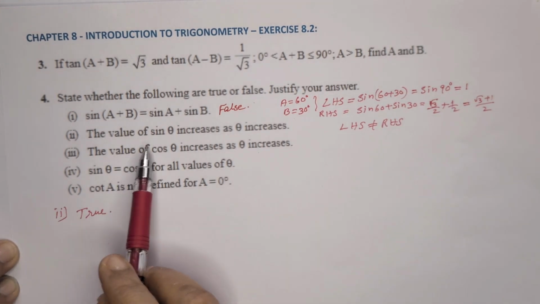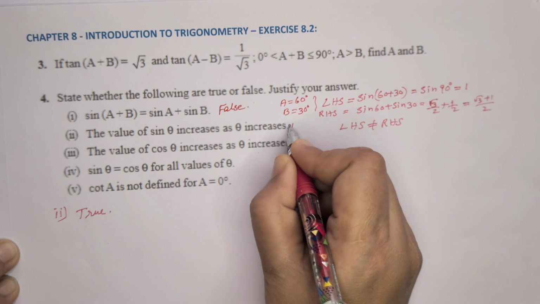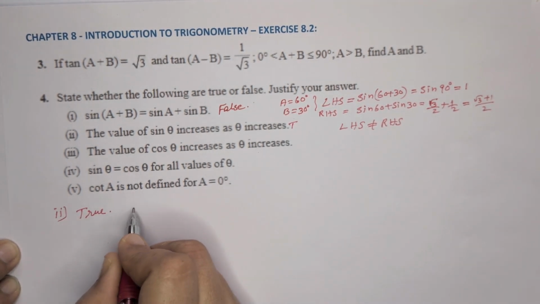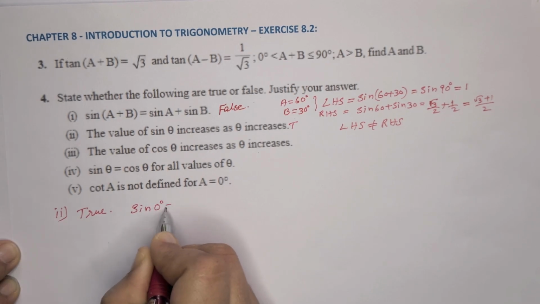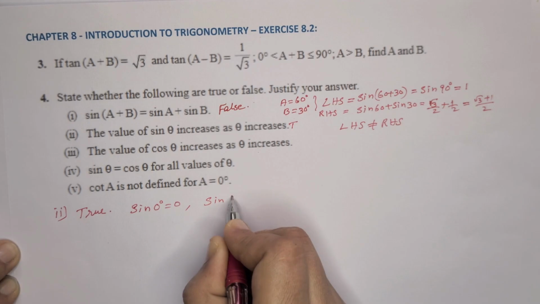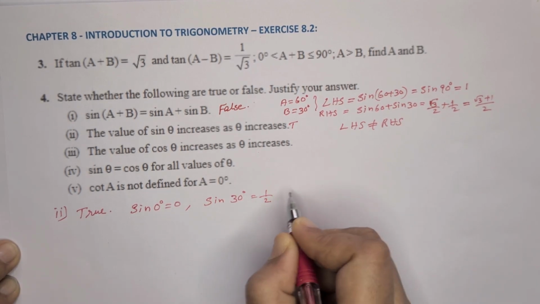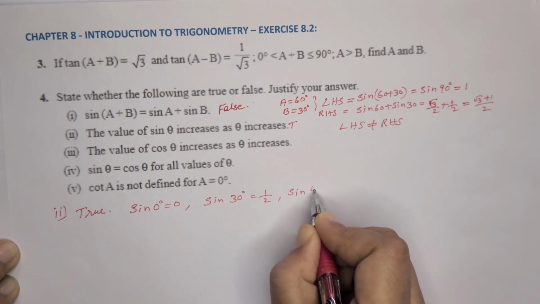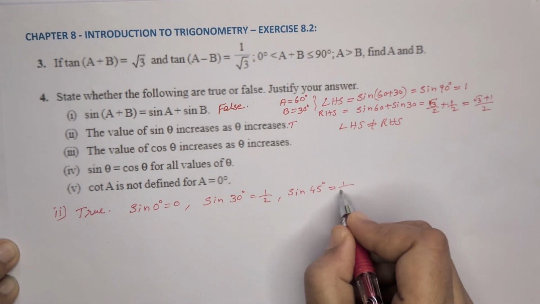Second statement, the value of sin theta increases as theta increases. That is true. What is the reason? We know that the value of sin 0 degrees is 0, and sin 30 degrees is 1 by 2. Then sin 45 degrees is 1 by root 2.